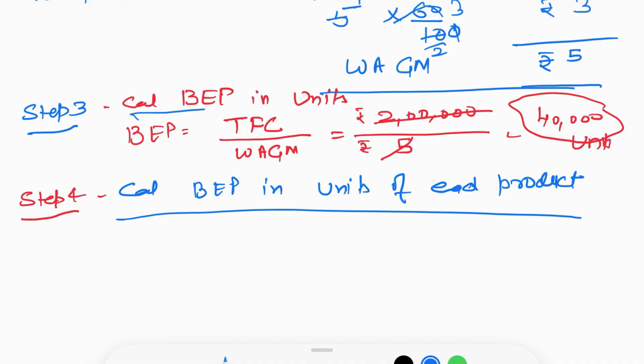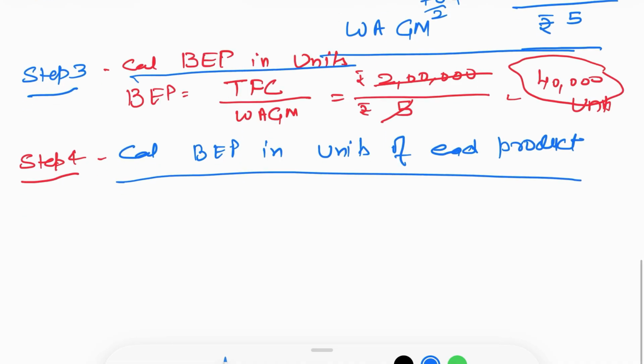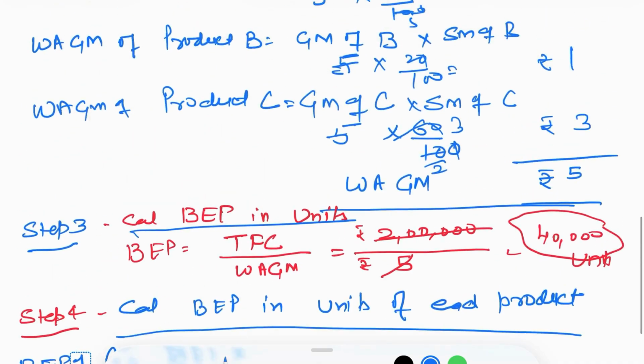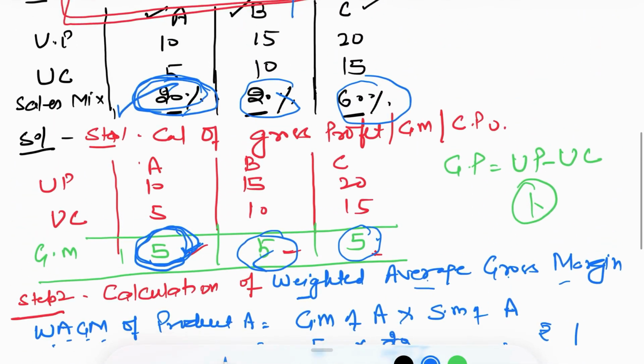First of all, let's calculate break-even point of A. Very simple. Total break-even point multiplied by, we have this magic thing with us, and that magic is your sales mix.